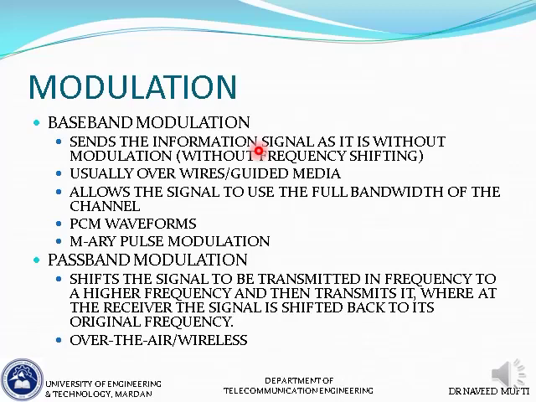In that case, we call that a baseband modulation. Where is it used? Usually over wires or guided media, not in wireless communication. And many sources define baseband modulation as the modulation that allows the signal to use the full bandwidth of the channel. So whenever the full channel bandwidth is being used by the signal, we call it baseband modulation.